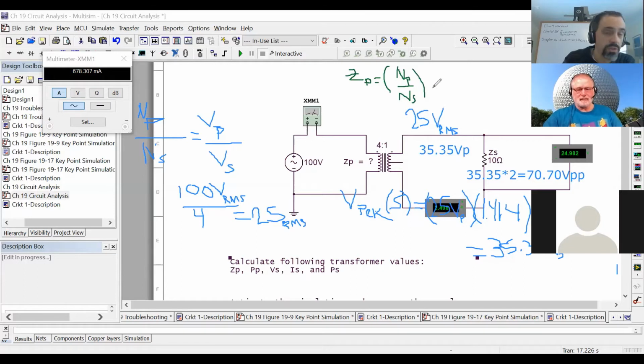I'm going to get myself one of those touch pads so I can just write this stuff out. As a class, I want you to go ahead and calculate this for me. Take NP over NS and square it and times it by ZS. Everybody tell me what you get on that.